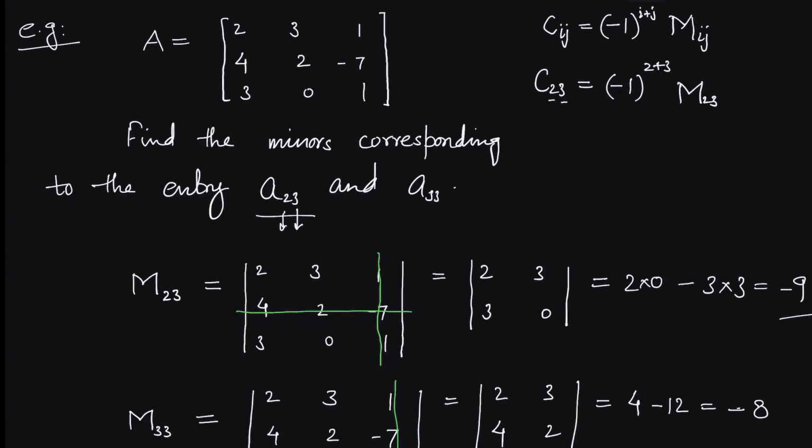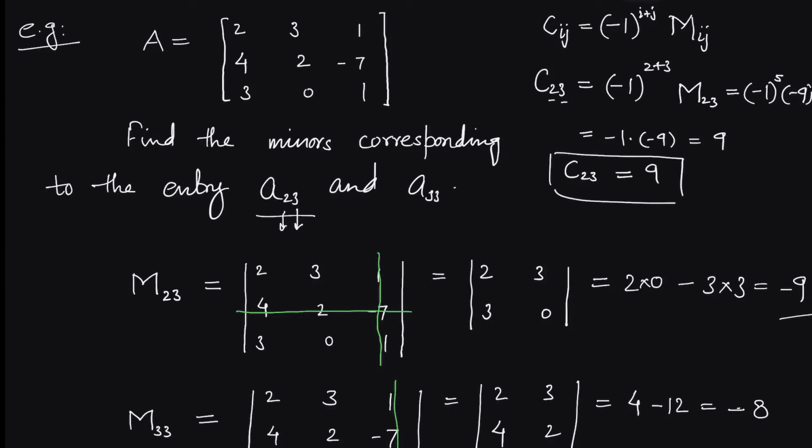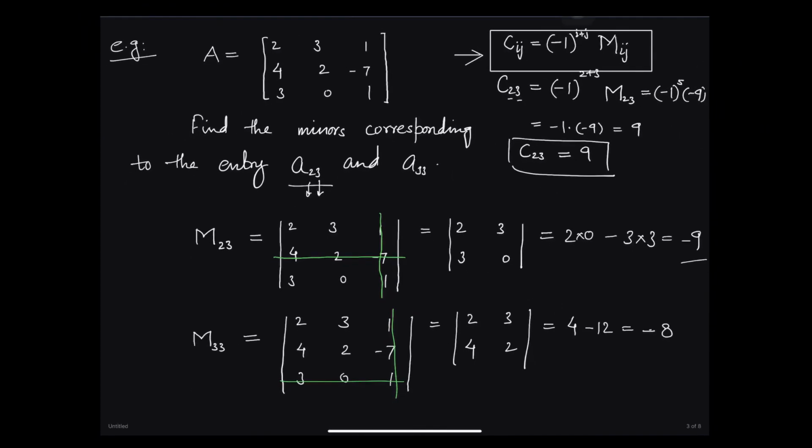The value of M23 we have already found, which is -9. So the cofactor C23 is 9. Similarly, we can find the other cofactors. You just have to remember this formula for the cofactors.